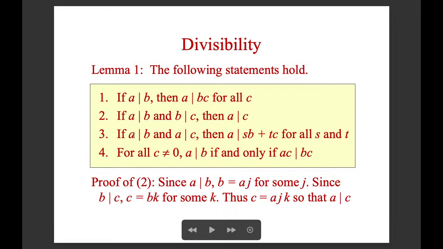The next one is if a divides b and a also divides c, then a will divide any linear combination of b and c, because a divides this part and a divides this part, so overall a will divide the sum. The fourth one is, suppose that c is not 0. Then a divides b if and only if ac divides bc. All this can be proven using our definition of a divides b, so I will leave this for you to check.